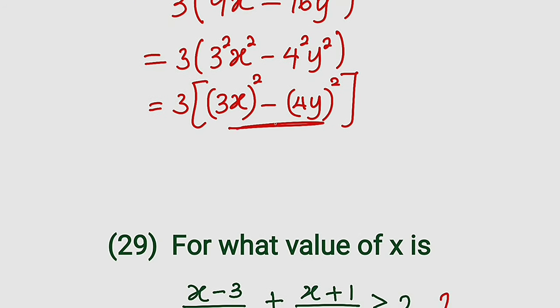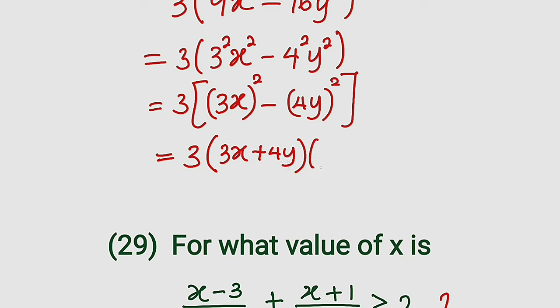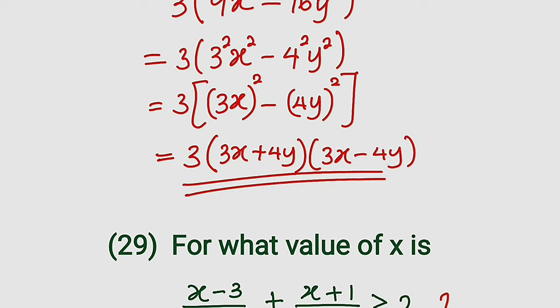All right, this is nothing but a difference of 2 squares. So we have 3 outside multiplying (3x plus 4y) multiplied by (3x minus 4y). And hence we have just factorized it completely.